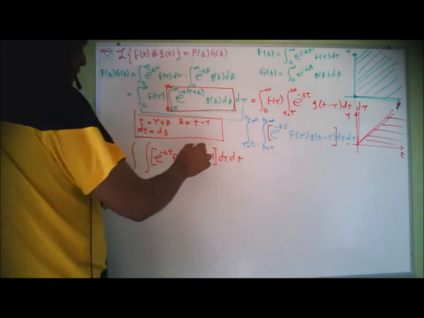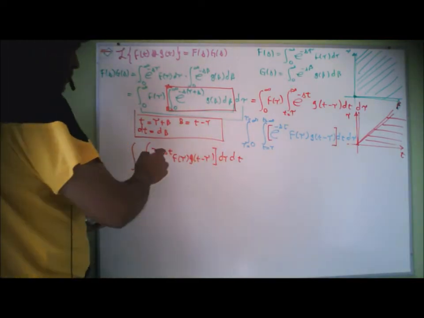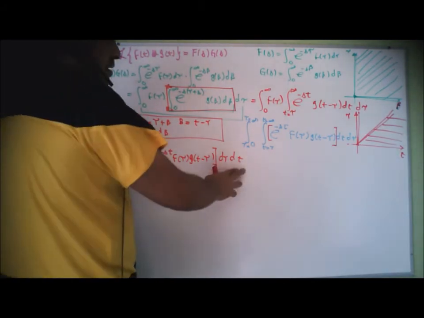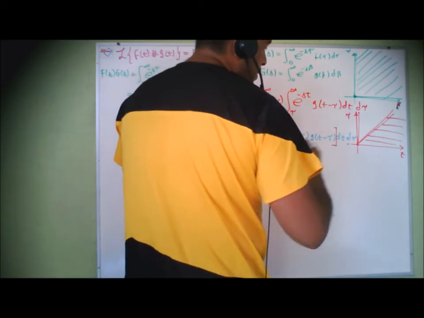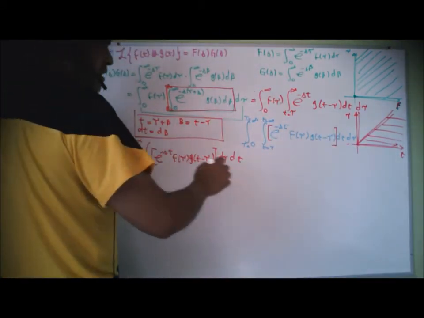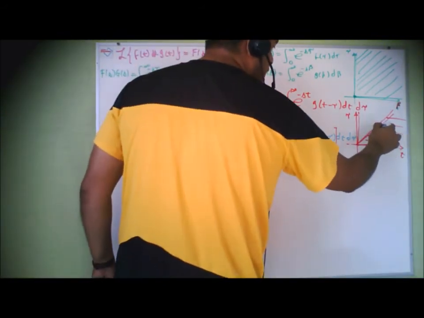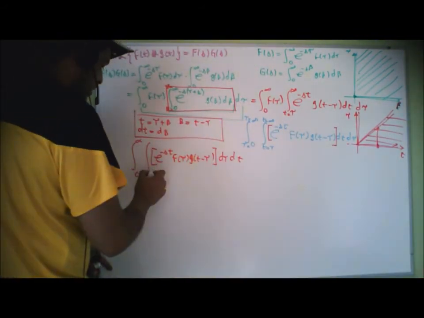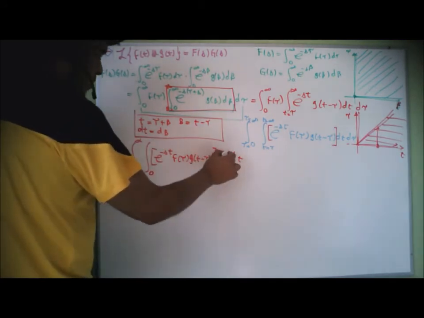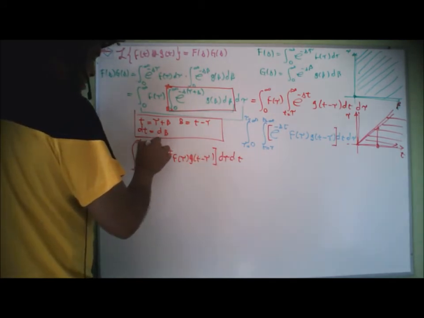Again, we don't modify this inside, what we change is the integration order. Now, in the time, it is going to be from 0 to infinity, and then tau from 0 to tau equal to t. So here is just t.